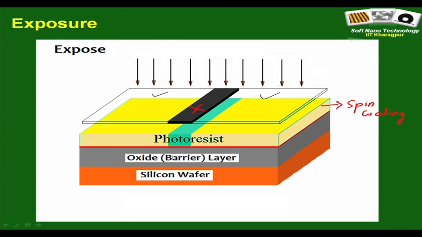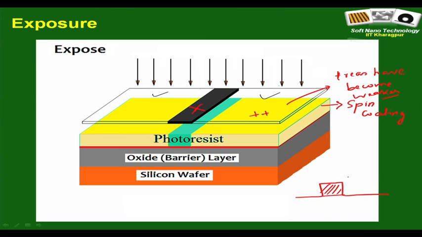And now, you also know that if I am working with a positive photoresist, these areas have become weaker, and with a positive photoresist the profile that you will get will be something like this.